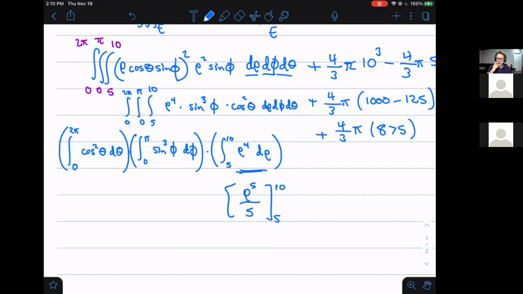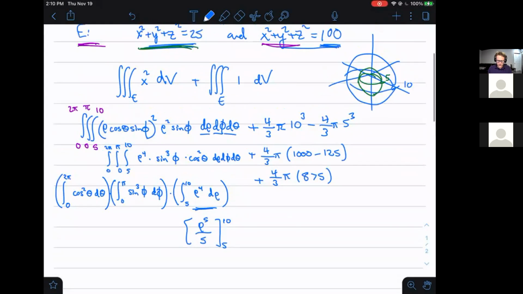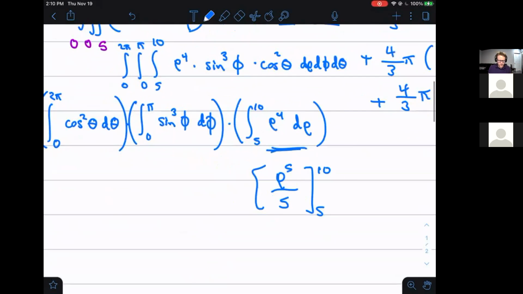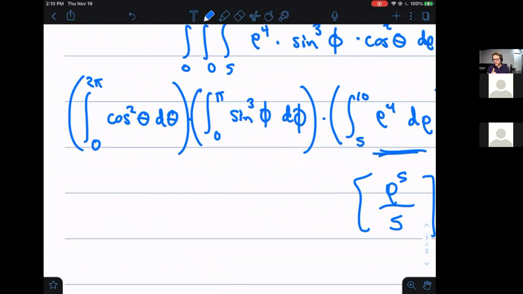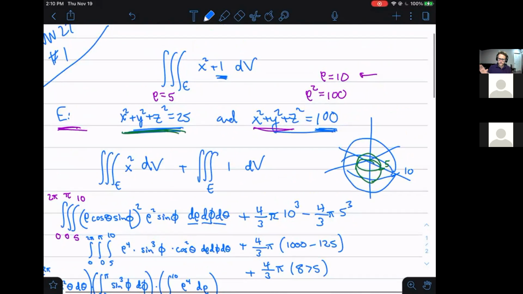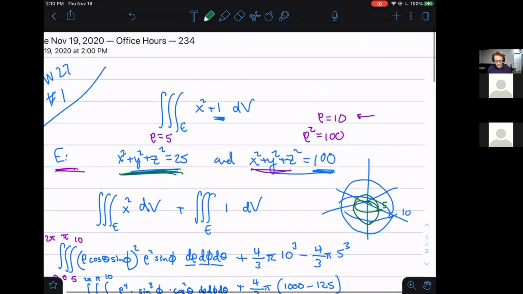And last night at the review session, I mentioned that I would talk a little bit about what if I wanted to turn this into an exam question. Because these two integrals right here, you could argue, are kind of cumbersome to evaluate. But what if I gave you this exact problem from WebWork on the exam, and I gave you the following two pieces of information.